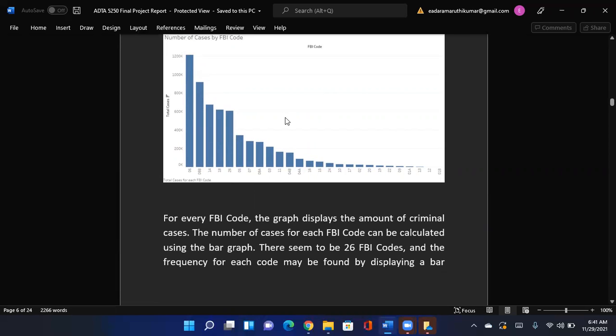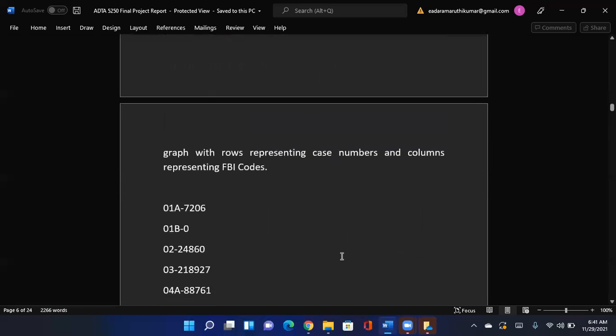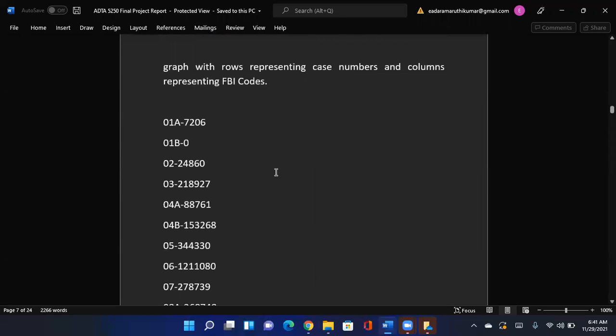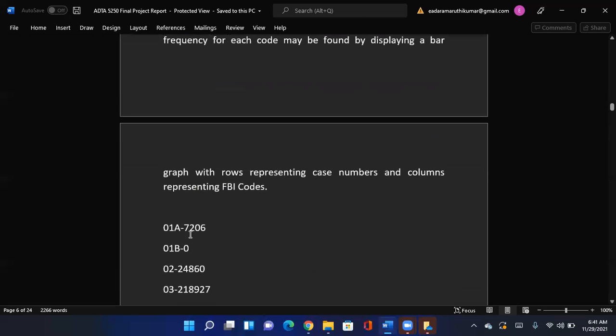Using this bar graph, we are displaying the total number of cases in each category. There seem to be 22 FBI codes. The frequencies for each code may be found by displaying them as a bar graph. I have shown this above, and I'm also giving the detailed explanation here.